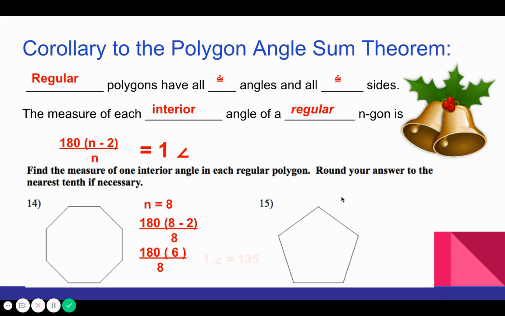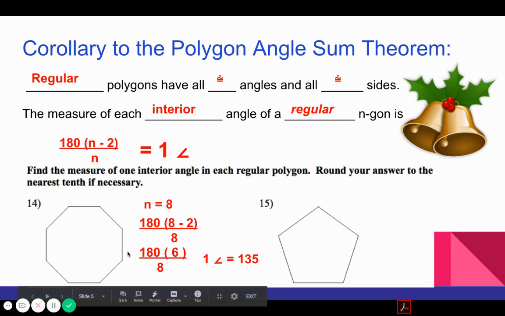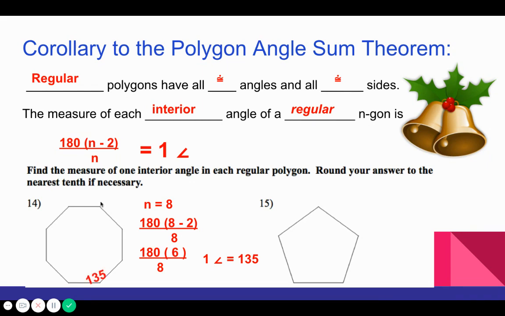When we do the math here, we get one angle inside this octagon is 135, and inside every regular octagon that angle will be 135 degrees. So each angle is 135.